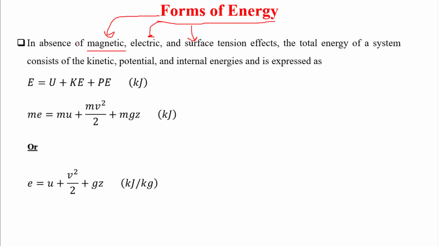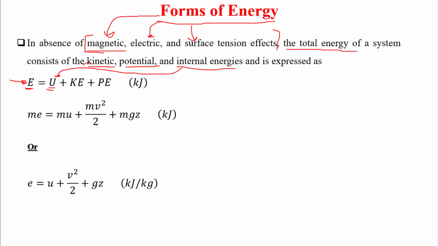But in the absence of these four energies, the total energy of a system consists of kinetic, potential, and internal energy, as expressed in this equation. So here is the total energy, capital E, uppercase, which is equal to internal energy.